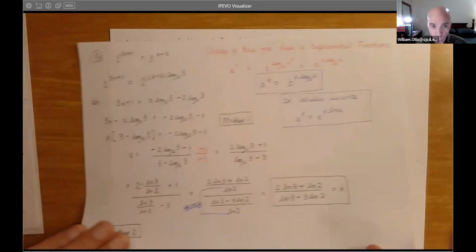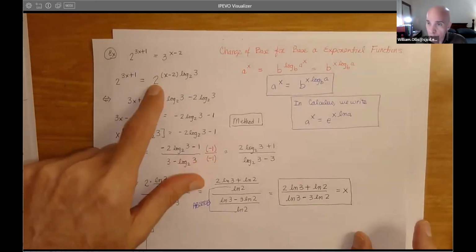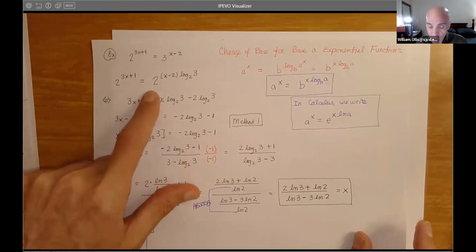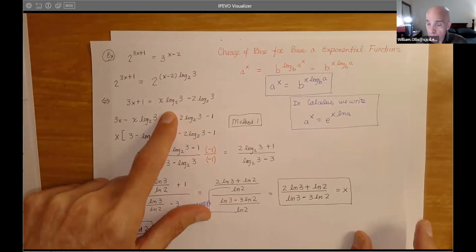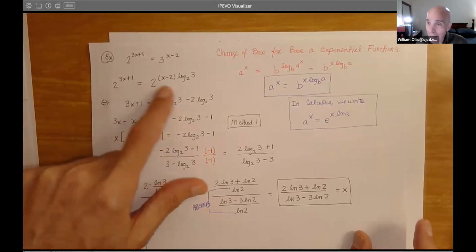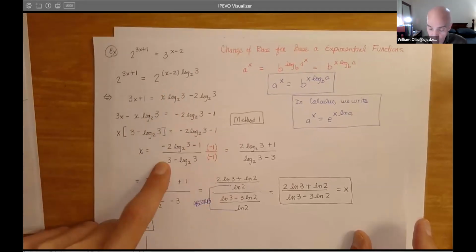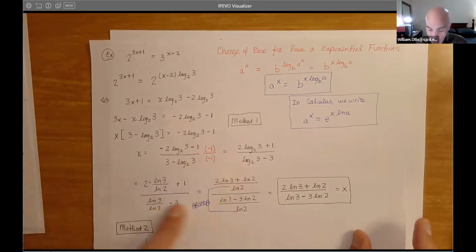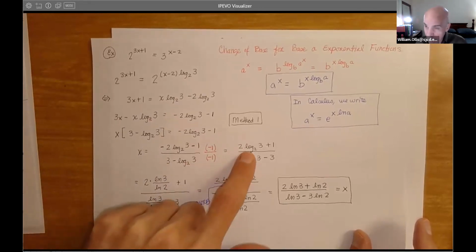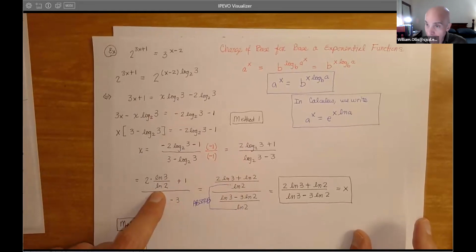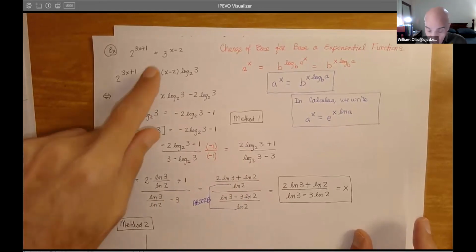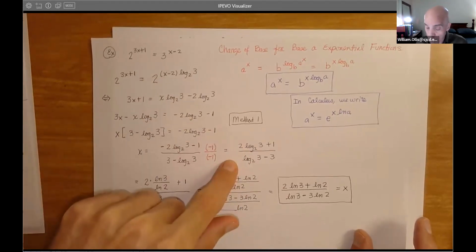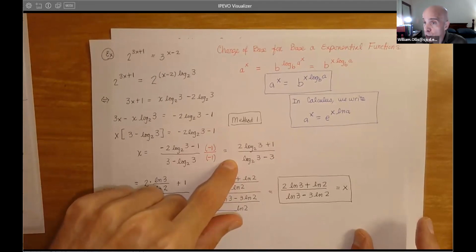Notice when we did method 1, we just changed the base. And by changing the base, we can use the one-to-one property. And the one-to-one property just says we can set the powers equal, the exponents equal. And of course, we get this. Then we practiced changing from base 2 to base e. So you're thinking, okay, well, for this problem, if we do the change of base to 2, our answer winds up in base 2.